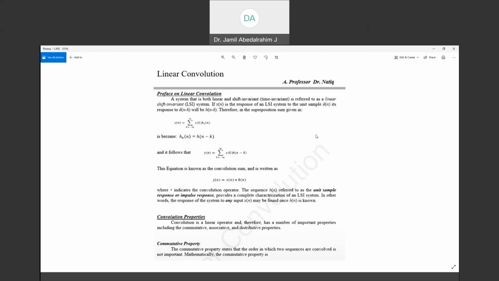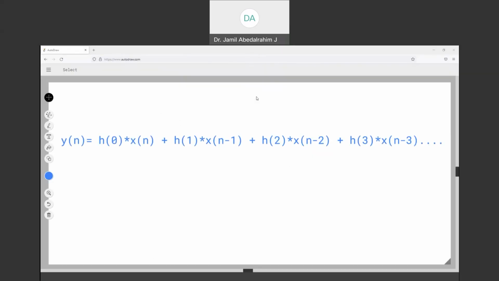And you remember there is a fixed equation for y of n, which is y of n equal h of 0 multiply x of n. Let me write it.